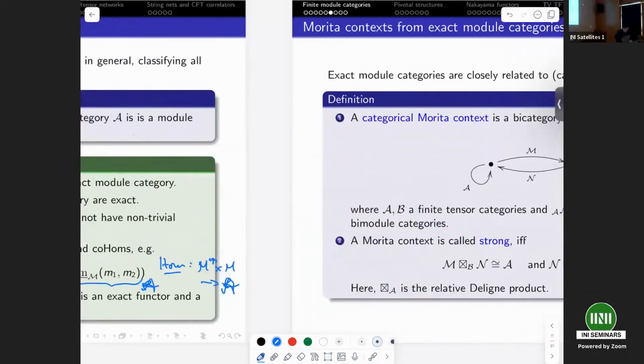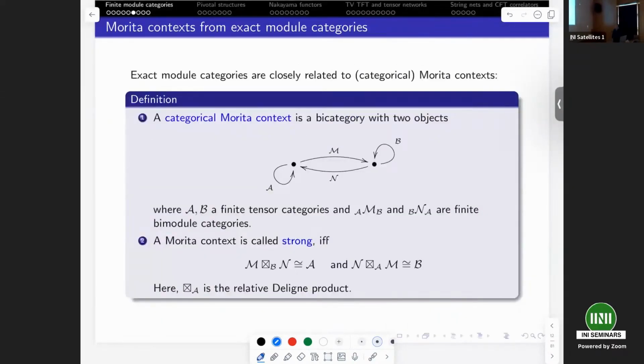Good. Now, let's see what you can do with such an exact module category. The setting which is helpful to consider are Morita contexts. I've briefly mentioned Morita theory for algebras. You can do a categorical Morita theory. So what's this?